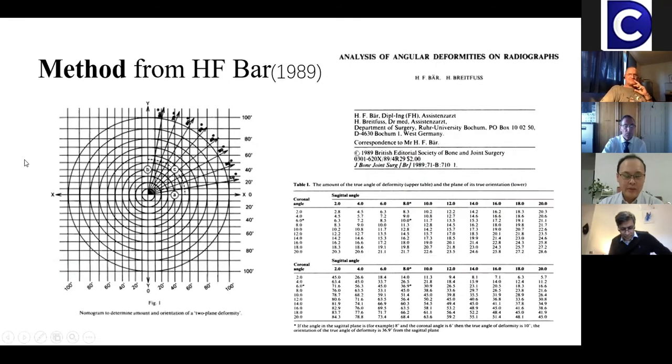Based on the references, we know Professor Bar published his paper in 1989 in JBJS, with a chart and a table. It's useful, but a little difficult.